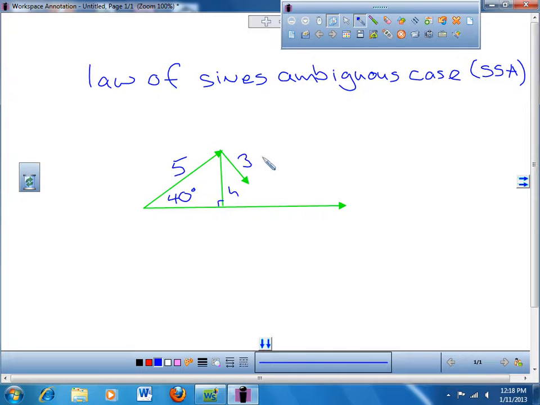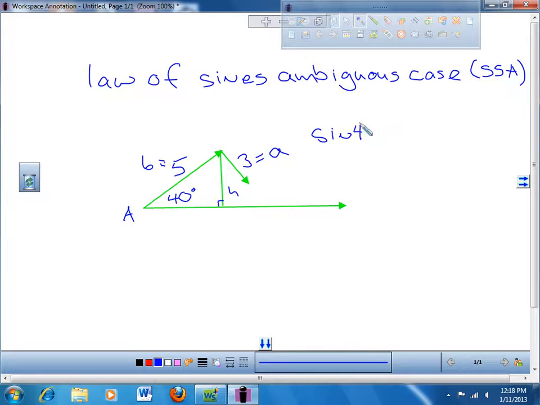We're going to call this side A, and we'll call this side B. So this would be angle A over here. If I could make a triangle, it looks something like this, but in this case, it's not going to reach. The way I know that is by finding out what this height is, using the right triangle trick.